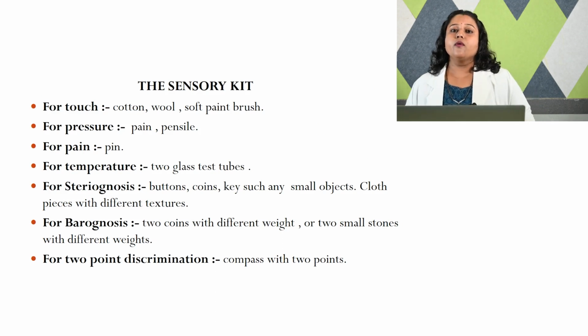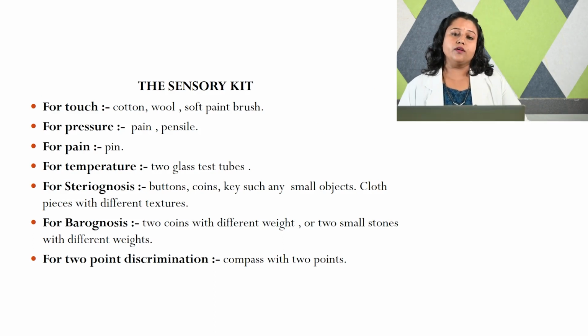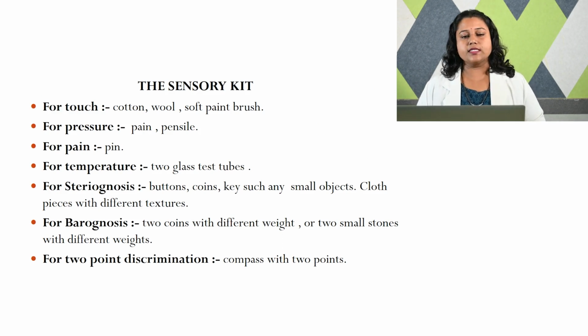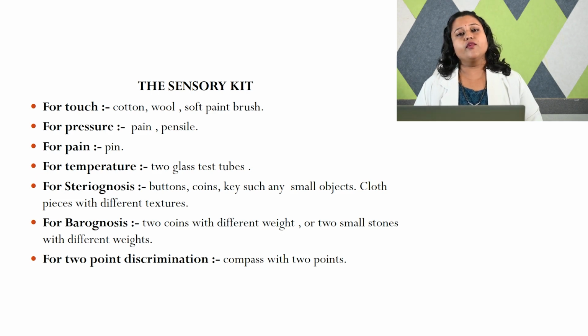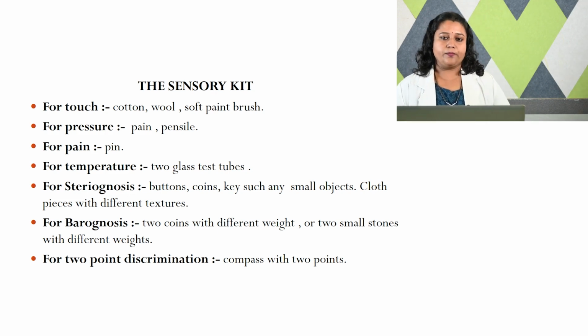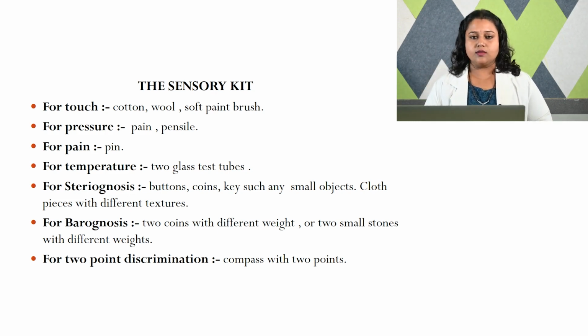Now we will see how to make a sensory kit. To perform these sensory examinations, we need to make our own sensory kit, which we have to carry with us whenever we are performing clinical sensory examinations. So what should it contain?